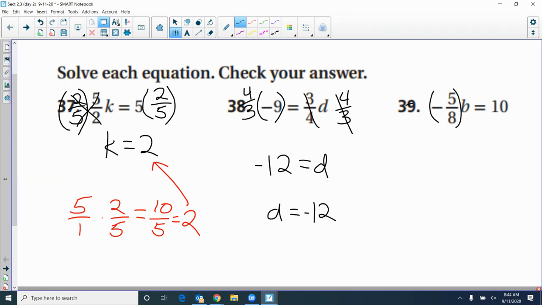So it's negative 8 fifths. That cancels out. What do I have to do over here, Zach? Multiply 10 by negative 8/5. Okay. So what do I end up with there? Negative 16. Negative 16. All right. That sounds right to me.